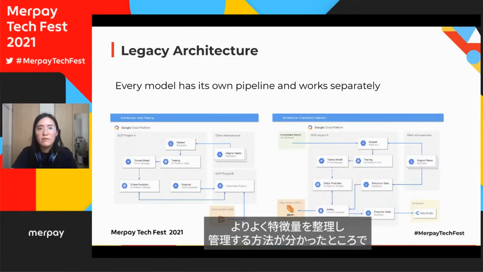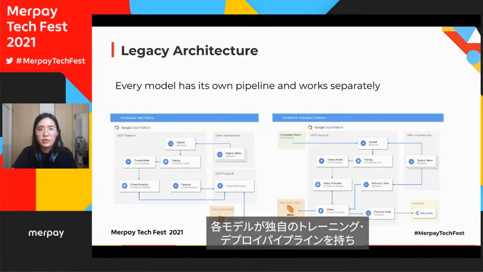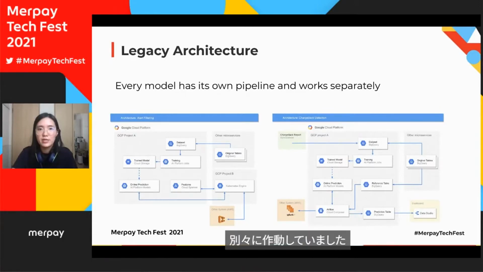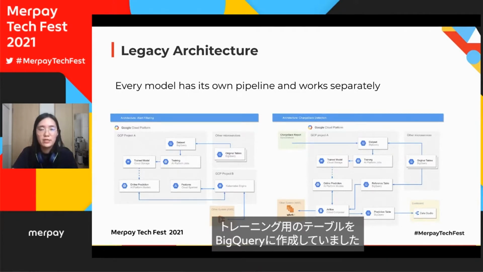After finding out the way to better organize and manage features, I'd like to talk about another problem in the legacy architecture. In the legacy architecture, each model has its own training and deploying pipeline and works separately. In alert filtering, the left graph, it gathers data from other microservices and creates a table in BigQuery for training the model.